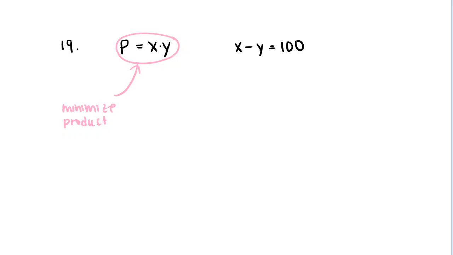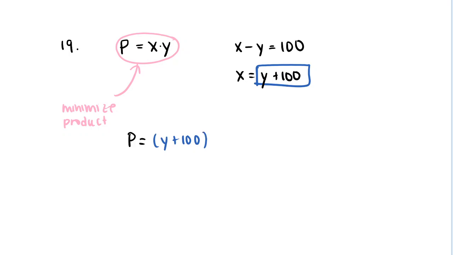So if x minus y is equal to 100, that means that x is equal to y plus 100 if we add y to both sides. And so that tells me that I can replace x in my equation with y plus 100. So that's x, and then it's being multiplied with y.